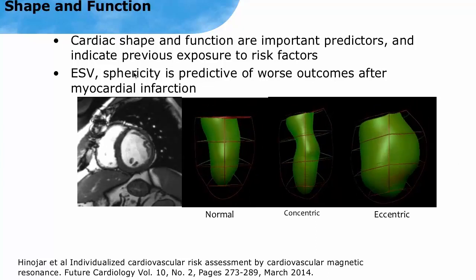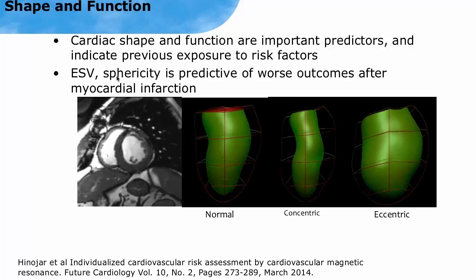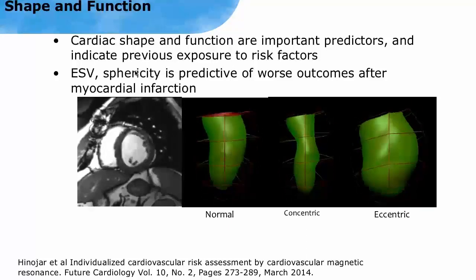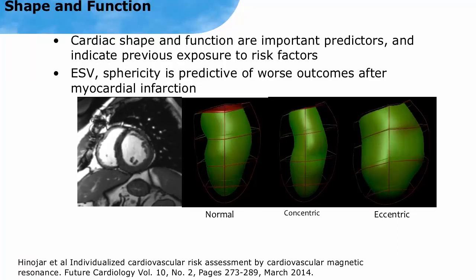So we know that indices like end-systolic volume and sphericity, that's how globular the heart is, are predictive of worse outcomes after myocardial infarction.